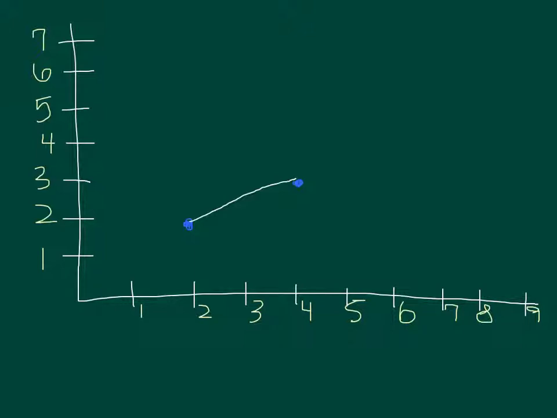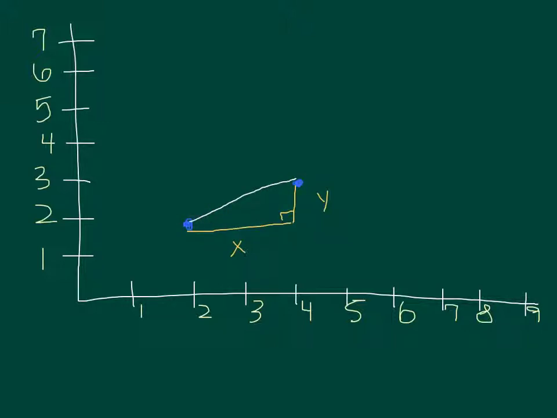But if we were to use the Pythagorean theorem, and we were to add some more lines in here, one right here, one right here, this would be the y height, and this would be the x height. Now, we have a right triangle, and we can use the Pythagorean theorem to find the length of this right here.